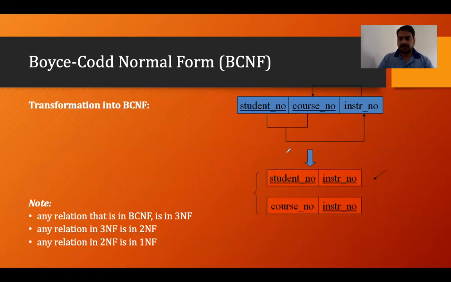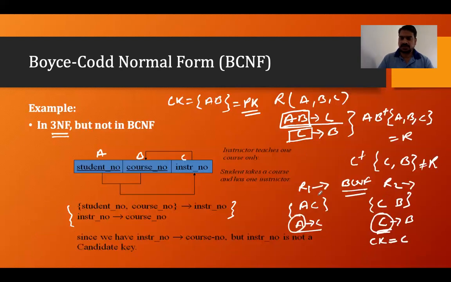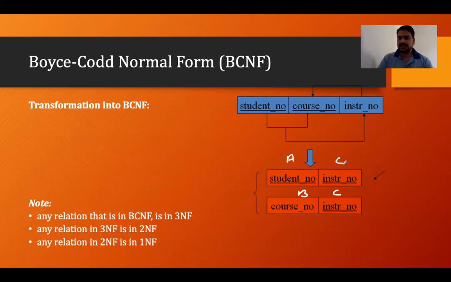So we have A, C and B, C. We have split the whole relation R into two relations, R1 and R2. Now it is in BCNF, Boyce-Codd normal form.